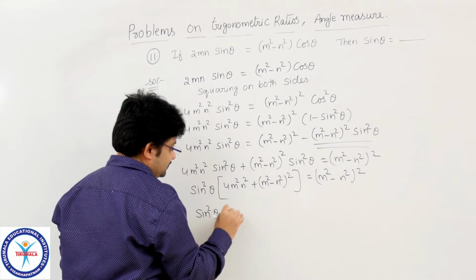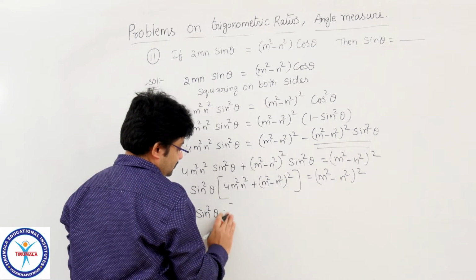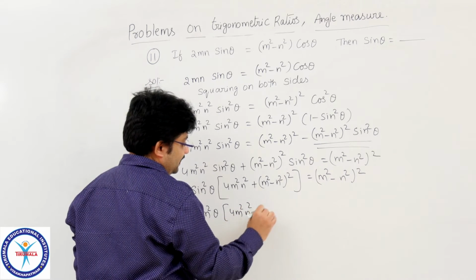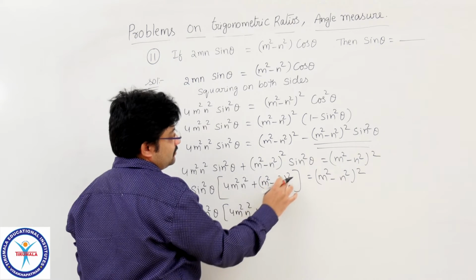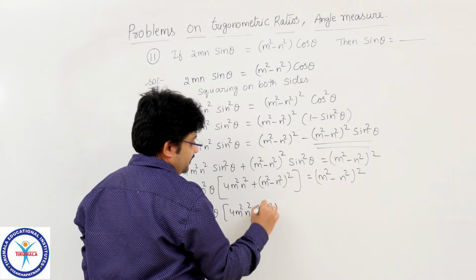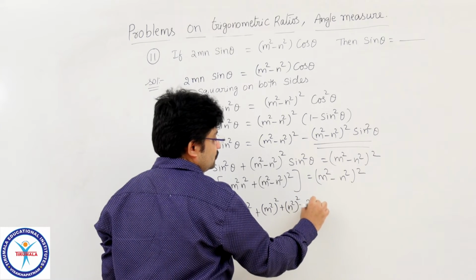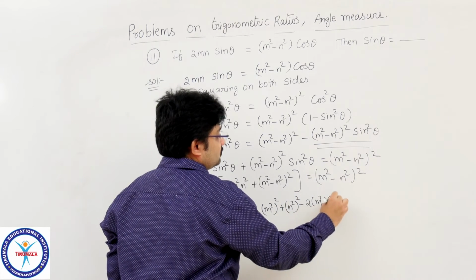Sin²θ into 4m²n² plus, it is in the form of (a − b)². So, a² + b² − 2ab.